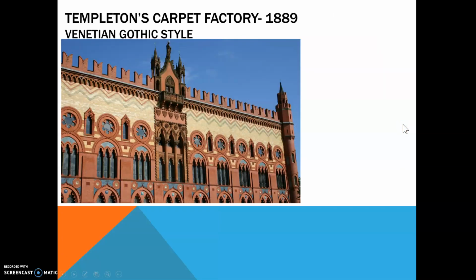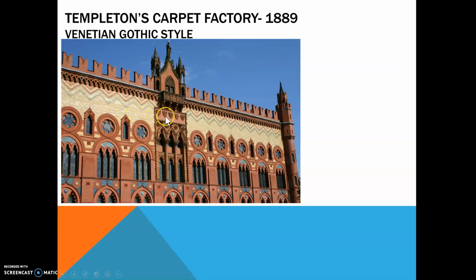And here's a carpet factory. Look at this. It's a Venetian Gothic style. So you could look at photographs of Venice, the Doge's Palace, and you'd think, looking at this photograph, that you were maybe in Venice. The Gothic style means that the arches are not rounded but pointed, and there is this elaborate chevron brickwork through here.